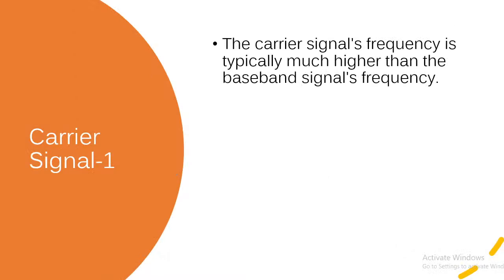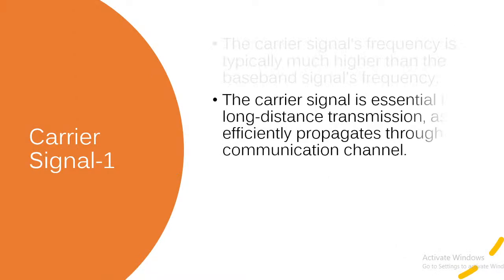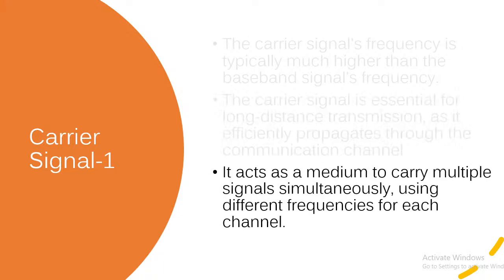The carrier signal's frequency is typically much higher than the baseband signal's frequency. So it is essential for long distance transmission because it propagates efficiently through the communication channel with less attenuation, less noise, less loss.